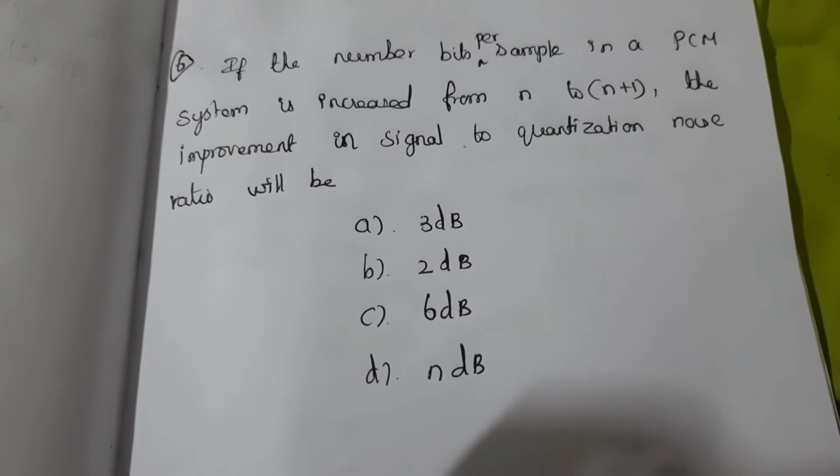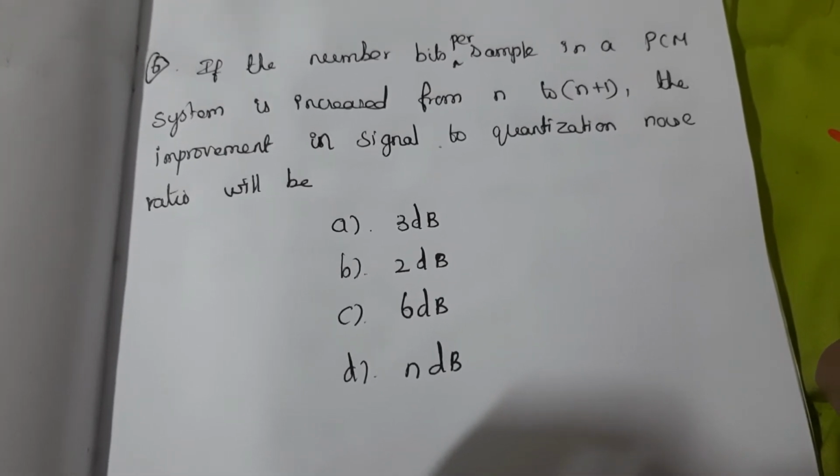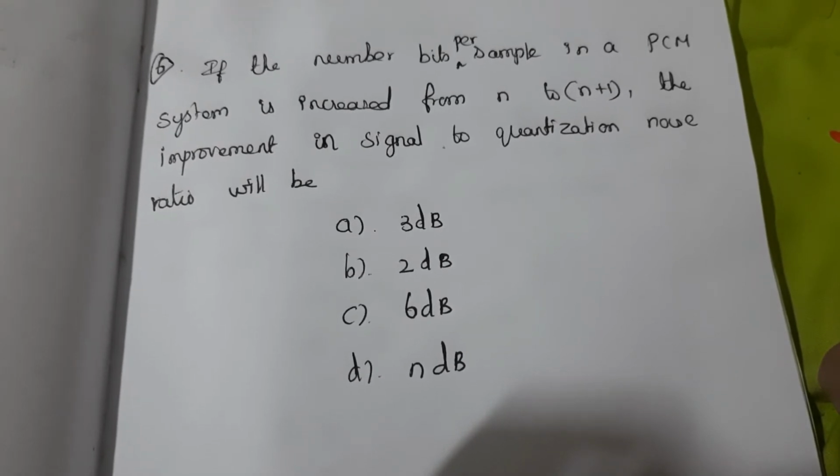Sixth question, if the number of bits per sample in a PCM system is increased from n to n plus 1, the improvement in signal to quantization noise ratio will be.